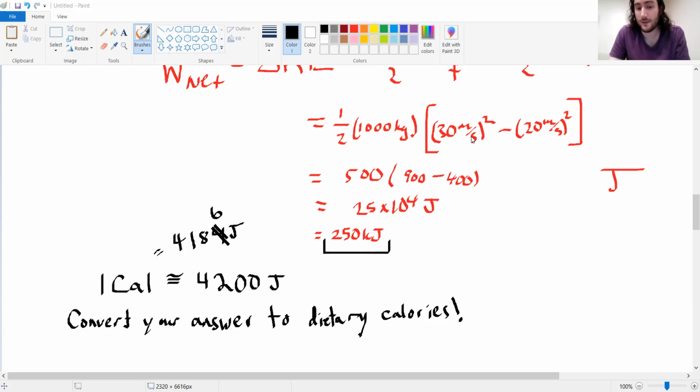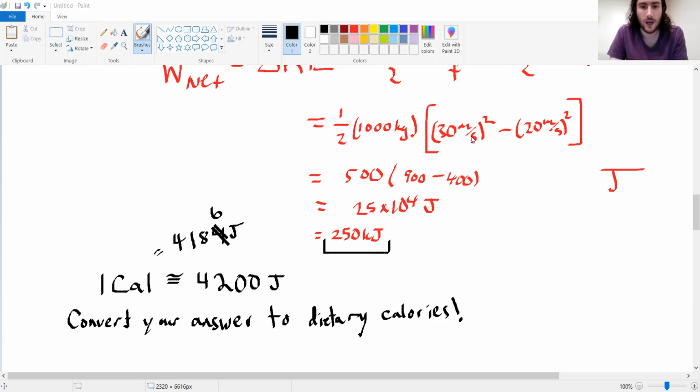For example, with the car here, if this car runs on gasoline, there's a certain amount of chemical energy stored in the gasoline, and only 250 kilojoules out of some millions of joules that may have been stored inside the bit of gasoline that was used to accelerate that car from 20 to 30 meters per second.